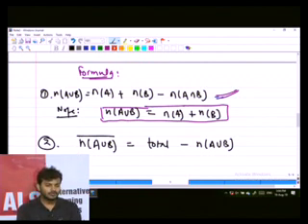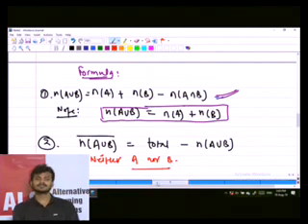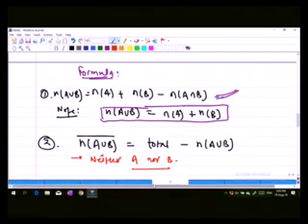Okay. What we call it language wise, we will say that this is nothing but neither A nor B. This we can directly take as neither A nor B. Okay, what is the reason?